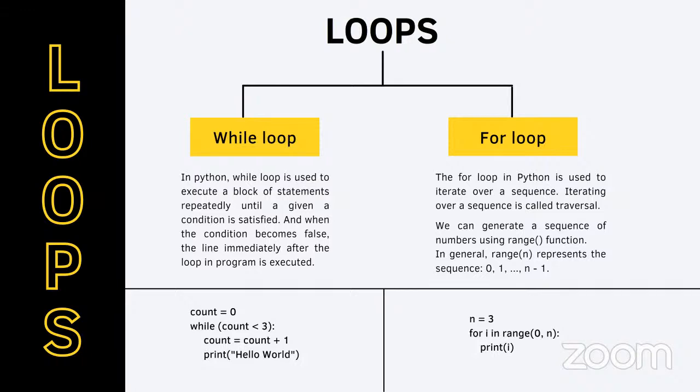So when count is 0, the condition is true, then the first statement will be count plus 1. It will make the value of count 1 and will print hello world once. Now again we will execute the same code, but now the value of count is 1. Take a minute and write in the chat box how many times hello world will print. Just think.